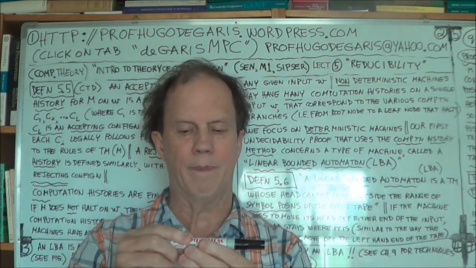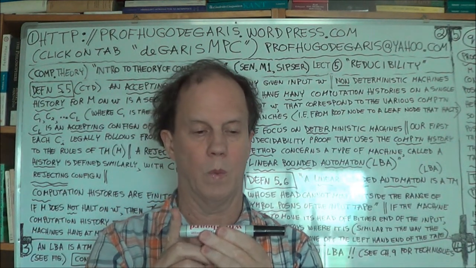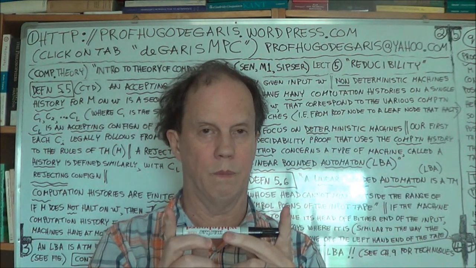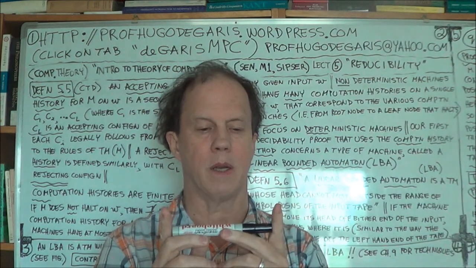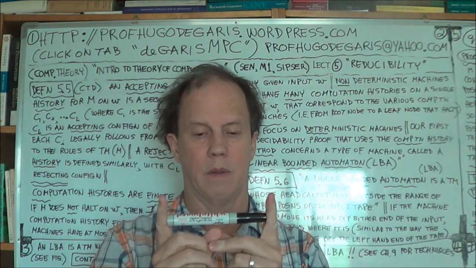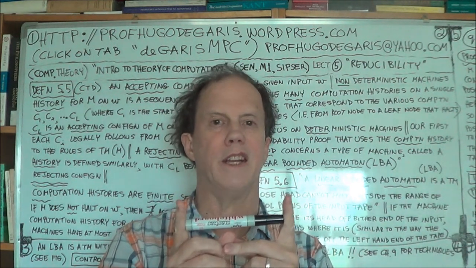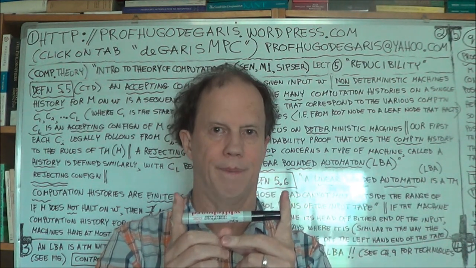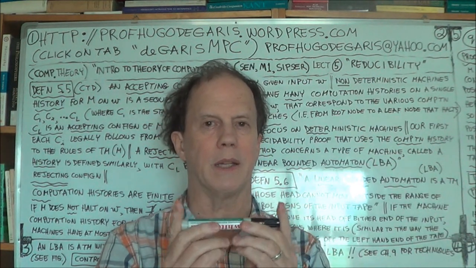Now the input that we've been calling W up to now will be of finite length. Let's say it contains little n symbols. So the size, the mod of W, is little n.